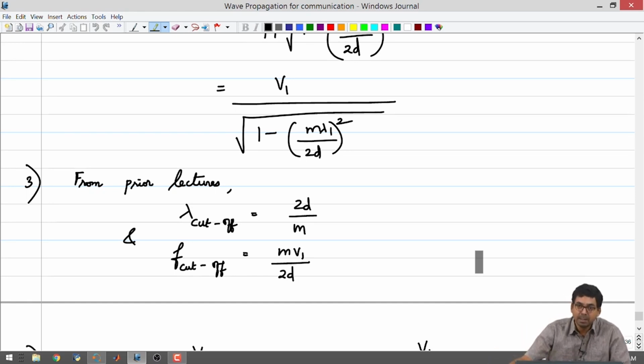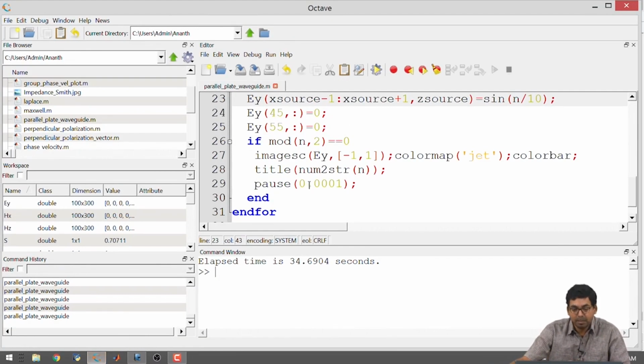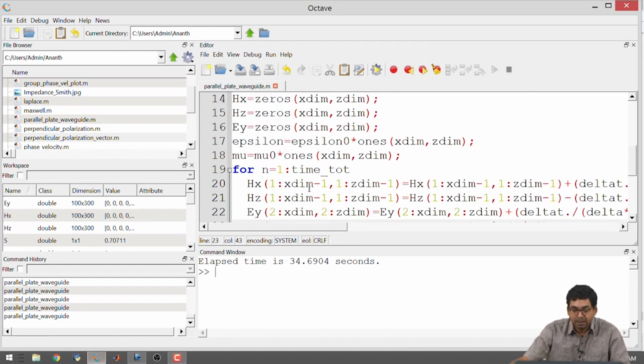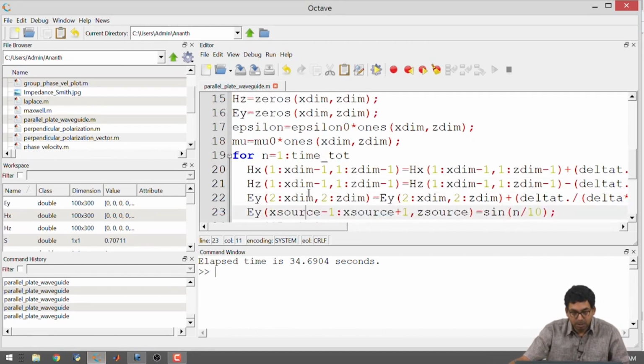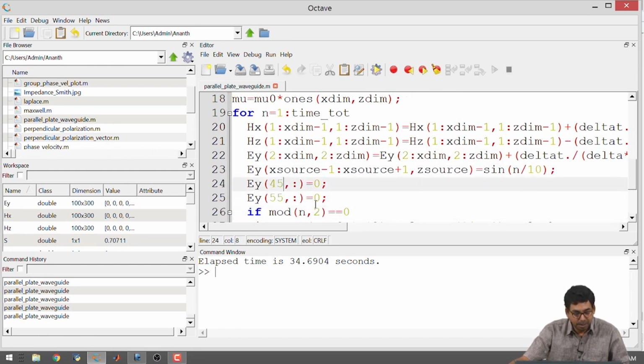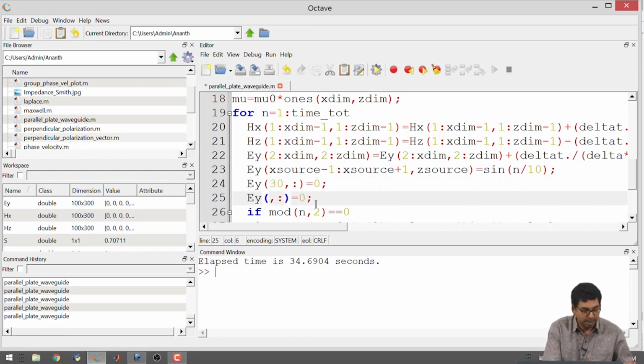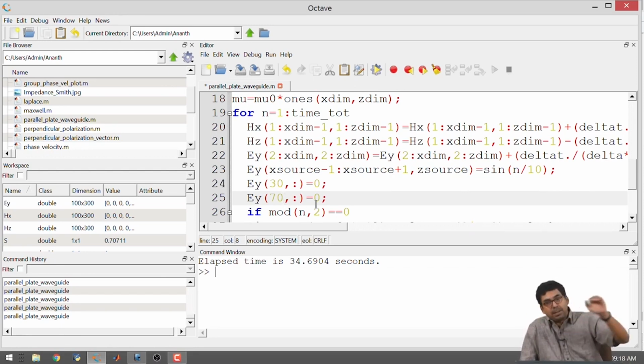Now, what happens if I increase the width or the separation between the two plates? I am going to go to the region and make it 30 and 70. So, the center line is the 50th space coordinate.